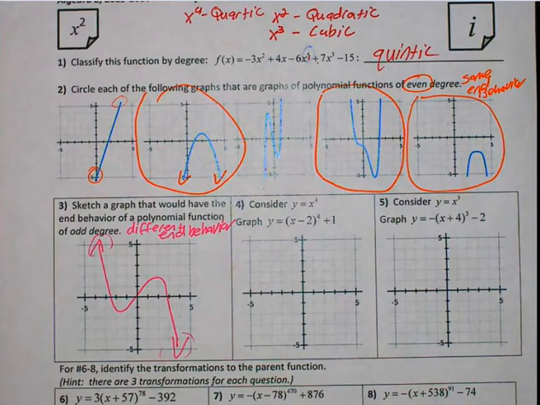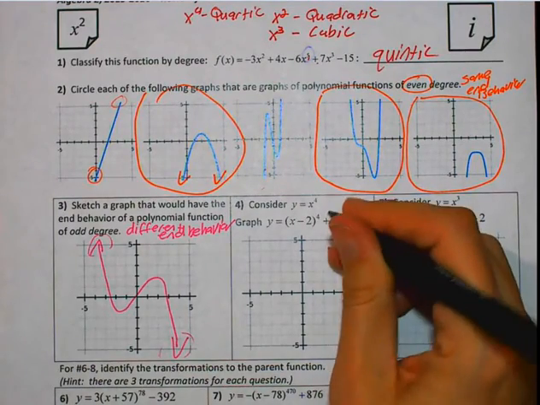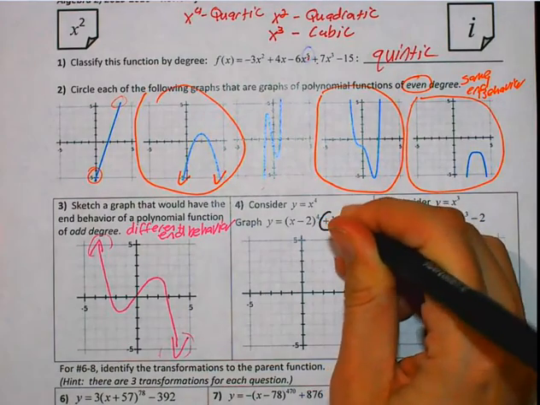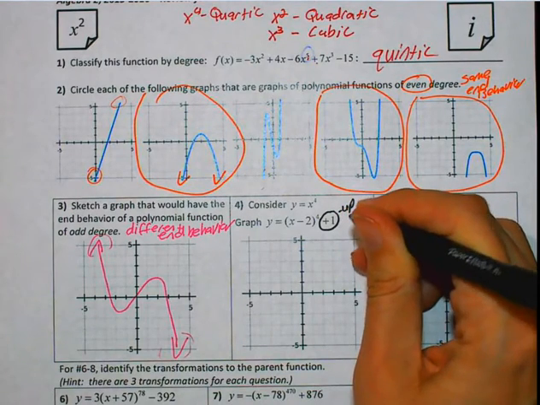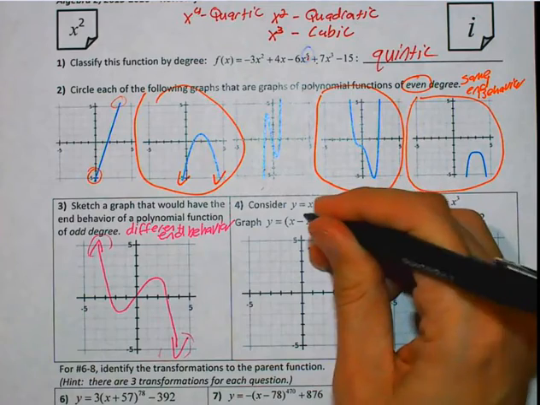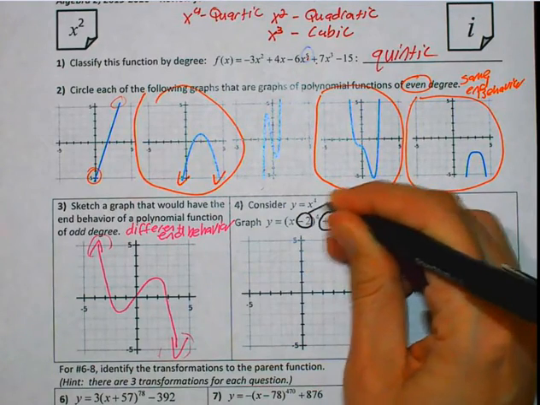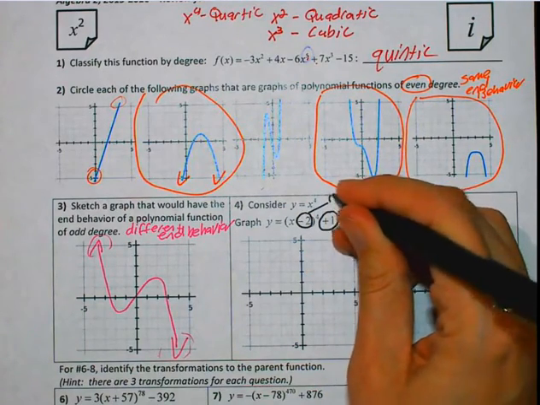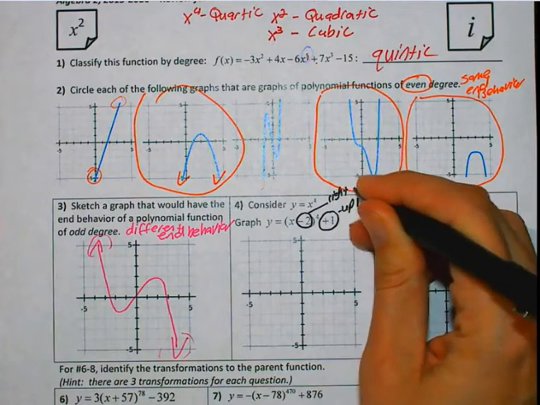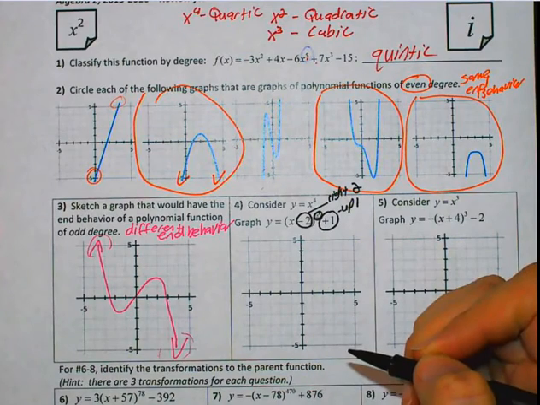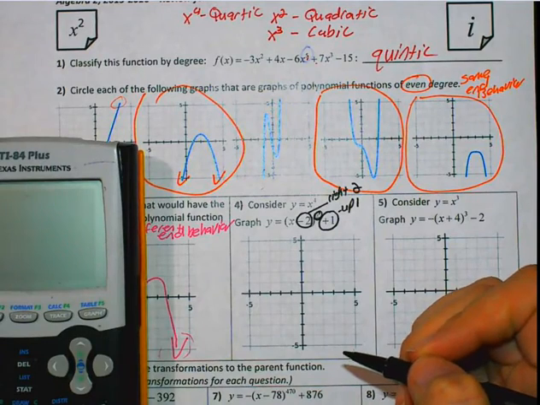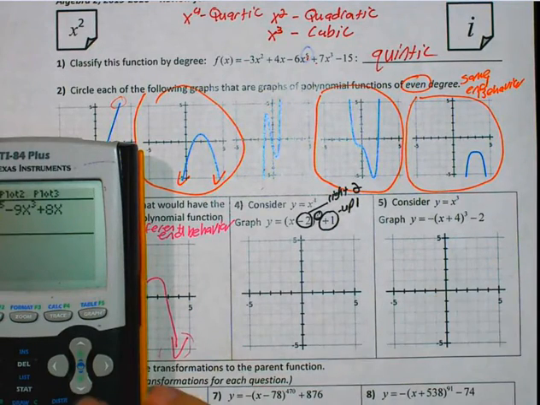But before we put it in the calculator, you should remember that for transformations, this plus 1 on the outside means up 1, and then the negative 2 on the inside means to the right 2 because of insiders lie. And then we see that it is a quartic function. So you should be able to graph it, but if you're unsure, then go ahead and put it into the calculator.